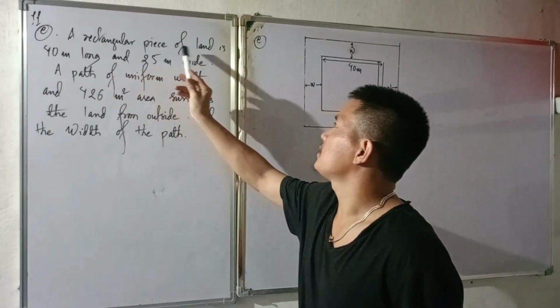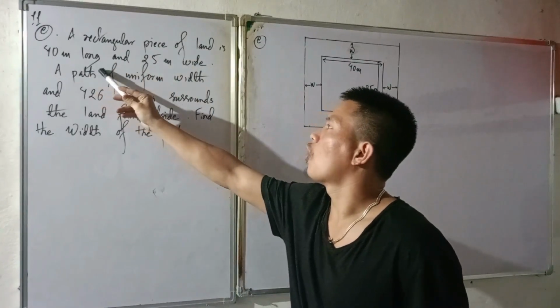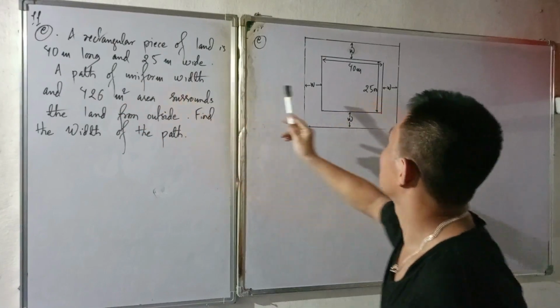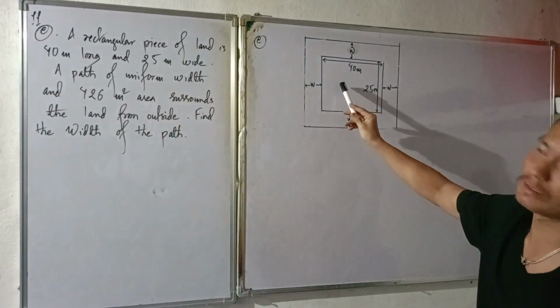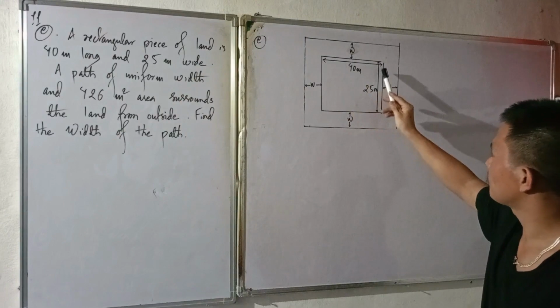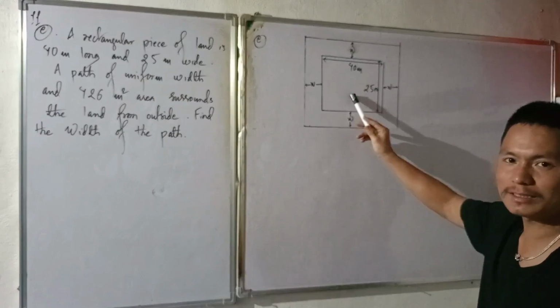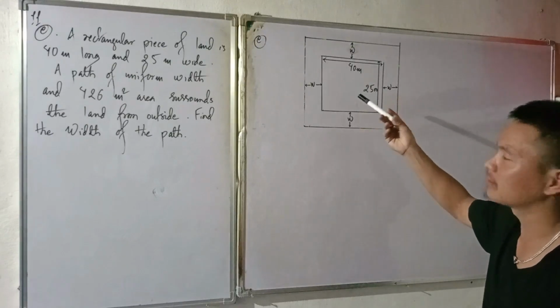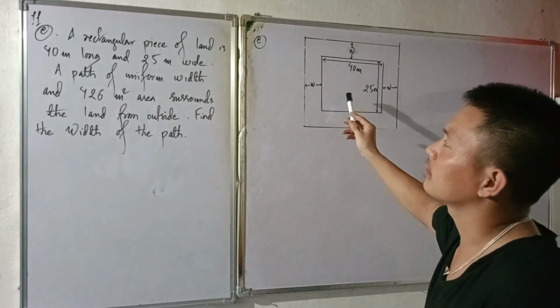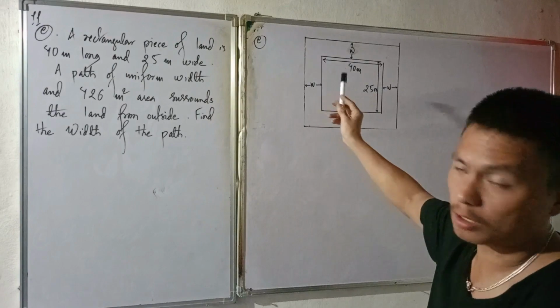A rectangular piece of land is 40 meter long and 25 meter wide. This is the rectangular land. The picture inside the rectangle is the garden, the piece of land that we are talking about.